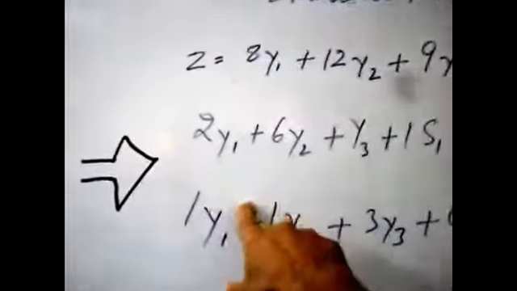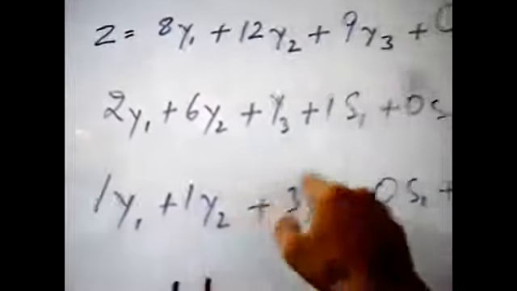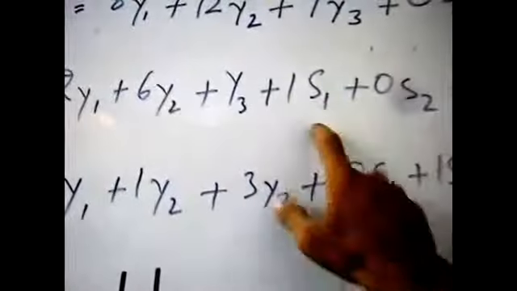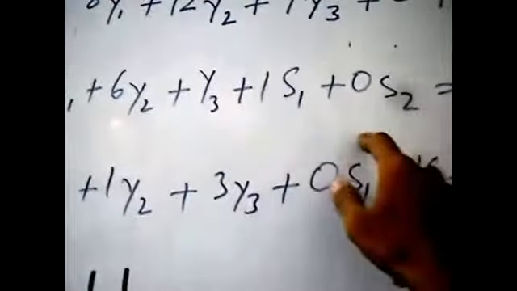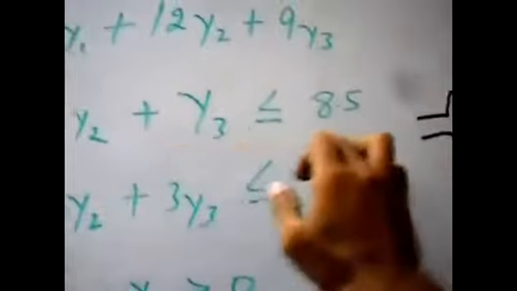Now 2y1 plus 6y2 plus y3 plus 1s1 plus 0s2 is equal to 8.5. Suppose this expression is less than 8.5.